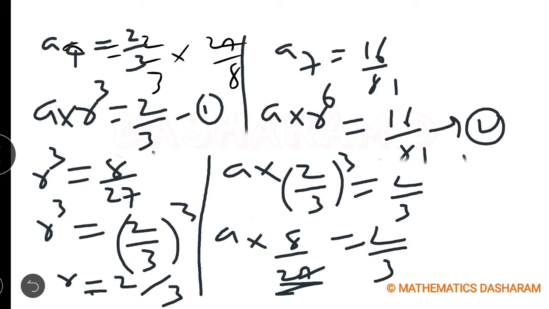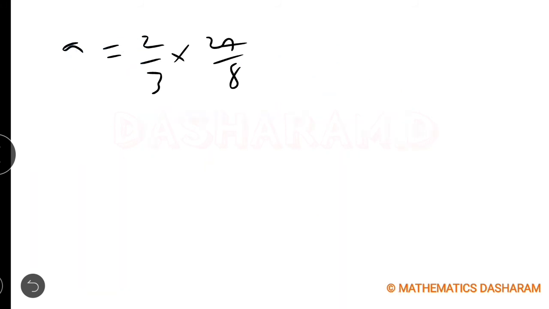So then A equals 2 by 3 into 27 by 8. Why? Because 8 by 27 is multiplying, so when transposing to the RHS, the fraction becomes reversed: 27 by 8. So 3 ones are 3, 3 9s are 27, and 2 ones are 2, 2 4s are 8.